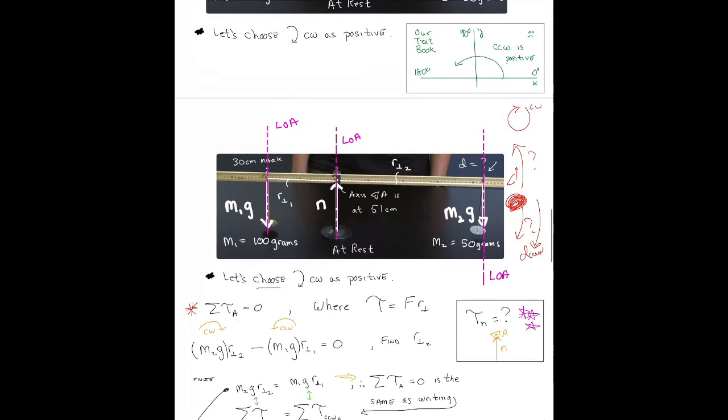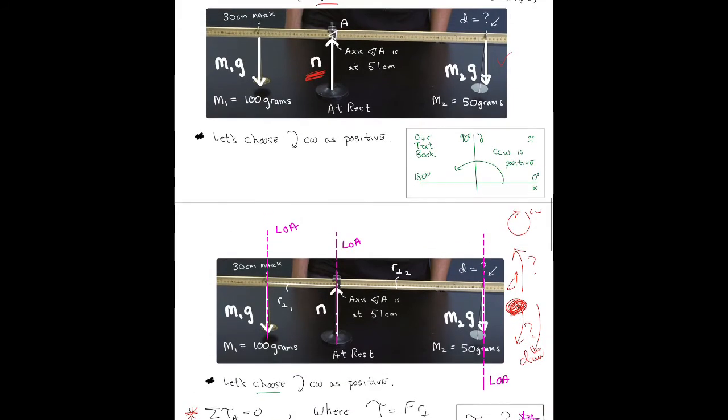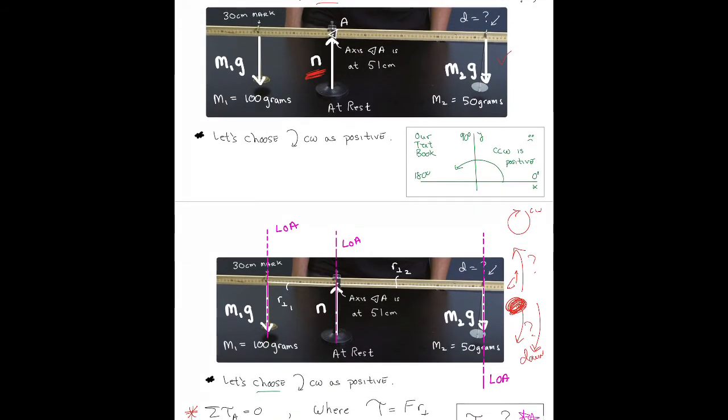So just like we pick up is positive and down is negative when we did forces, we have to choose a direction for clockwise and counterclockwise. Now, what we're going to do different than what the book does: the book is really strict, it goes back to geometry class. The book says that's 0 degrees, 90, 180, and so on.